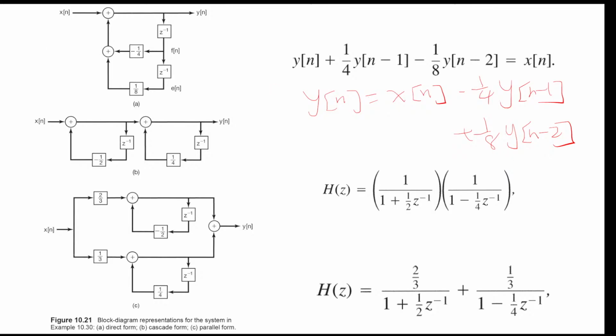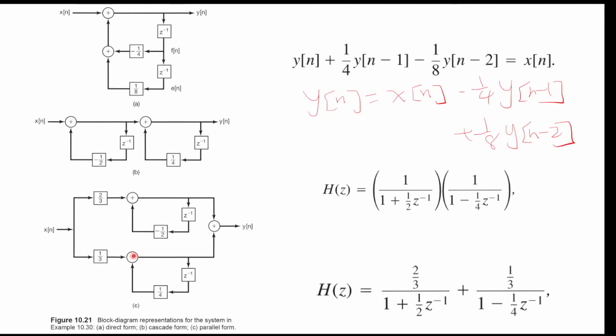And then we have the cascade form, kind of similar to what we had before. We cascade these two factors. The first one gives you this 1/(1 plus 1/2 z minus 1) factor, and the second loop gives you this 1/(1 minus 1/4 z minus 1) factor.